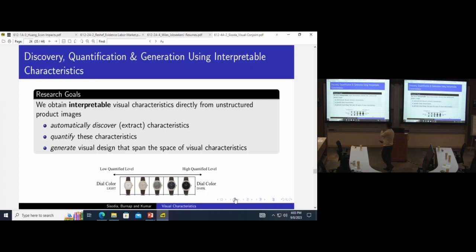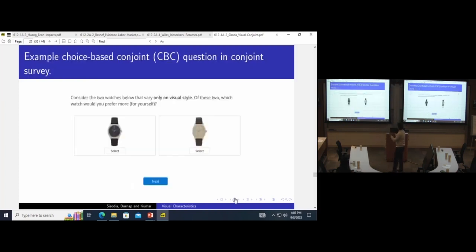Now, leveraging this property of the model, we conduct a choice-based conjoint in which we give the method different vectors of visual characteristics, and it generates different watches. So we would give the method something like a low value on dial color, a high value on strap color, and so on and so forth. And it would come up with a set of watches which vary along one particular dimension but are common across all others.